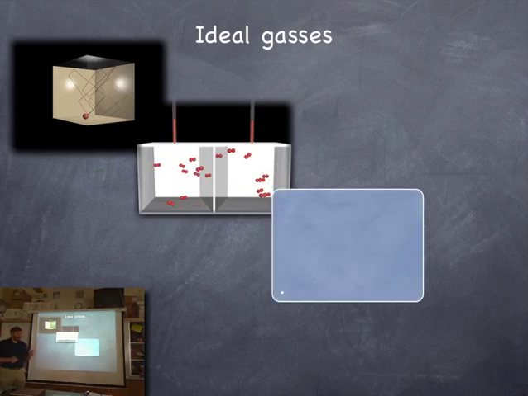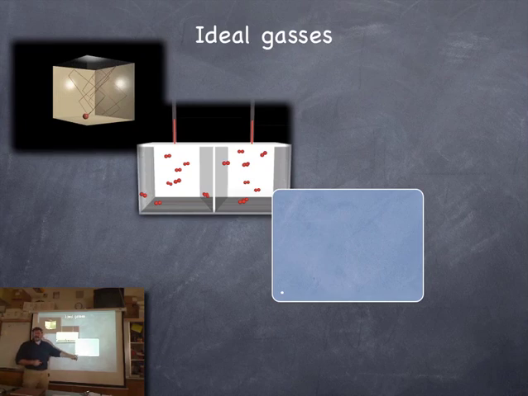The next postulate here is that the size of the particles, their actual volume that they take up, is insignificant compared to the volume that they fill. So if you have a balloon filled with a gas, if you took each molecule and measured its volume, that volume is essentially zero.